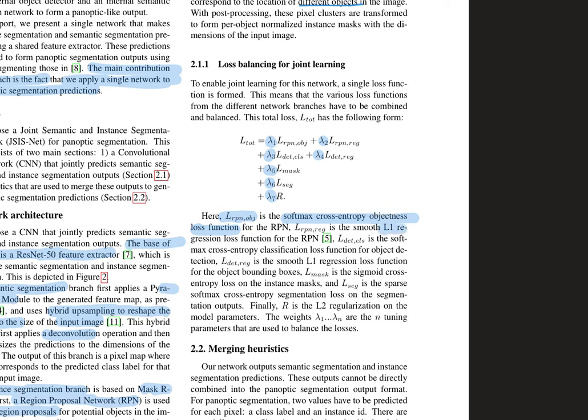And you also have the L1 regression loss function for the region proposal. You have the softmax cross entropy loss function for the object detection. You have a smooth L1 regression loss function for object bounding boxes. The sigmoid cross entropy on instance masks. And the sparse softmax cross entropy segmentation loss. And the last one is the L2 regularization.